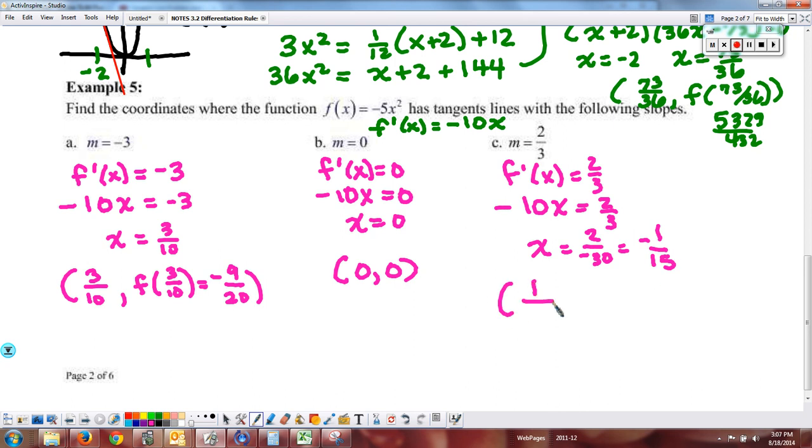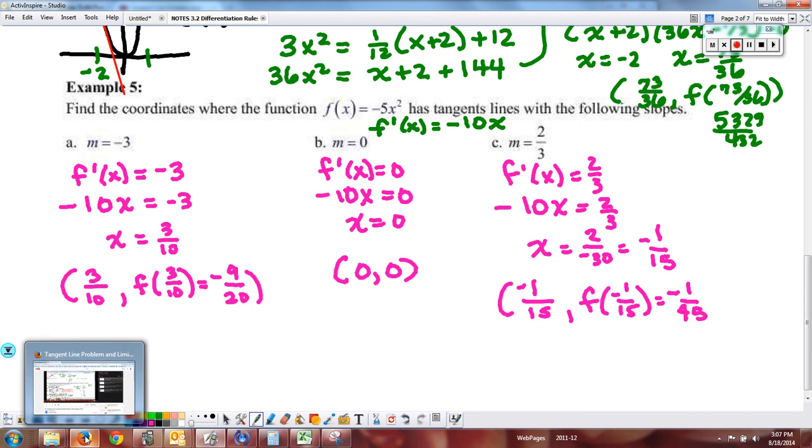So my point would be -1/15, f of -1/15, which would be, I use my calculator for that, 1 divided by 15, square it, and then times -5, -1 over 45. So you can start to see where we have lots of examples that we're working on that we can use this kind of shortcut rule.